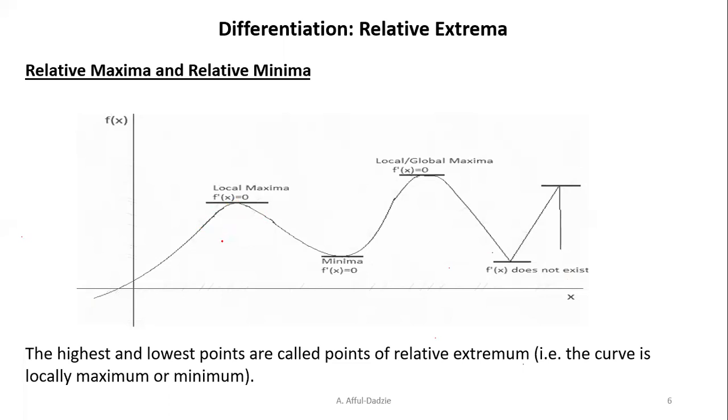If you throw a ball up into the sky, it goes up against gravity, gets to a certain point in the air, stops and changes direction. At the point where it stops and changes direction, the rate of change there is 0.